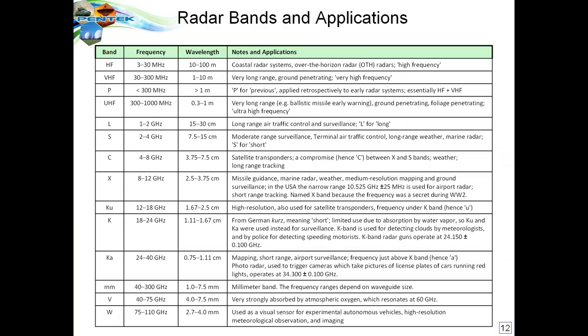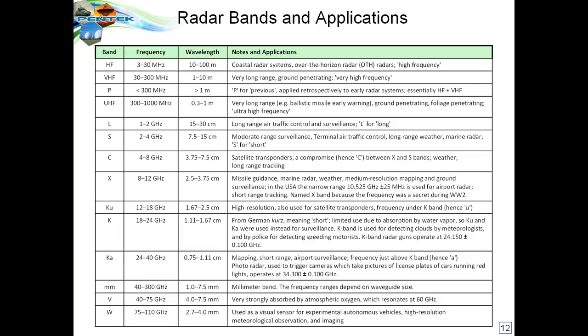Radars operate over an extremely wide range of frequencies. This chart shows you different frequencies for each band of radar, starting at 3 megahertz and going up to over 100 gigahertz. Each of the letters that you see here is associated with a certain range of frequency that's been traditionally assigned through use and application.